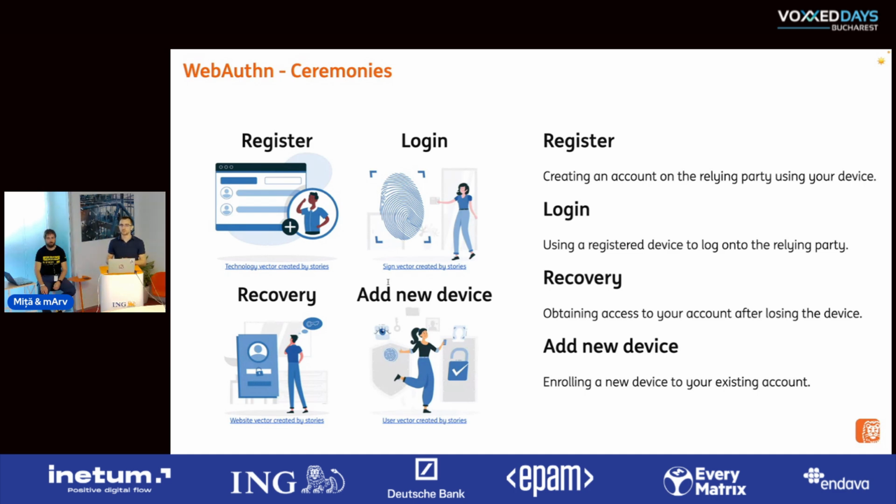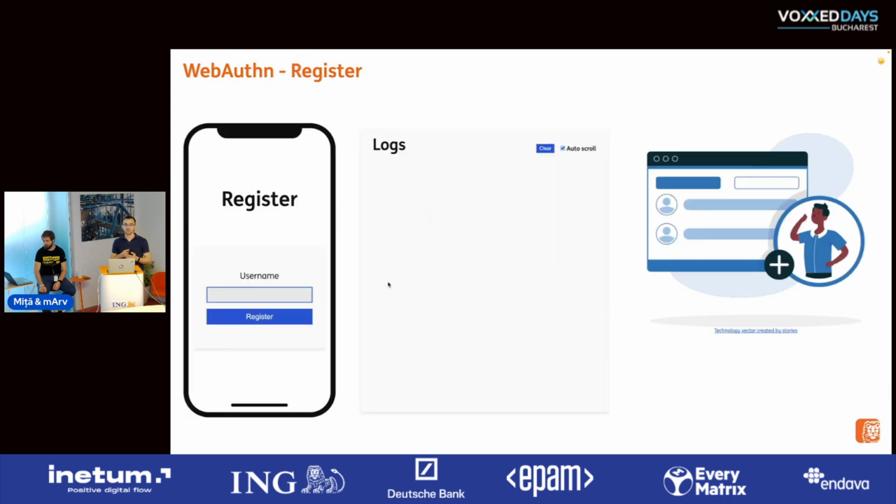And of course, we don't want our end users to be locked out of their accounts. We can define different recovery flows. And on top of what the specification has to say about this, we brainstormed a little and came up with a few scenarios of adding more devices to a specific account. So we will now showcase the different flows.